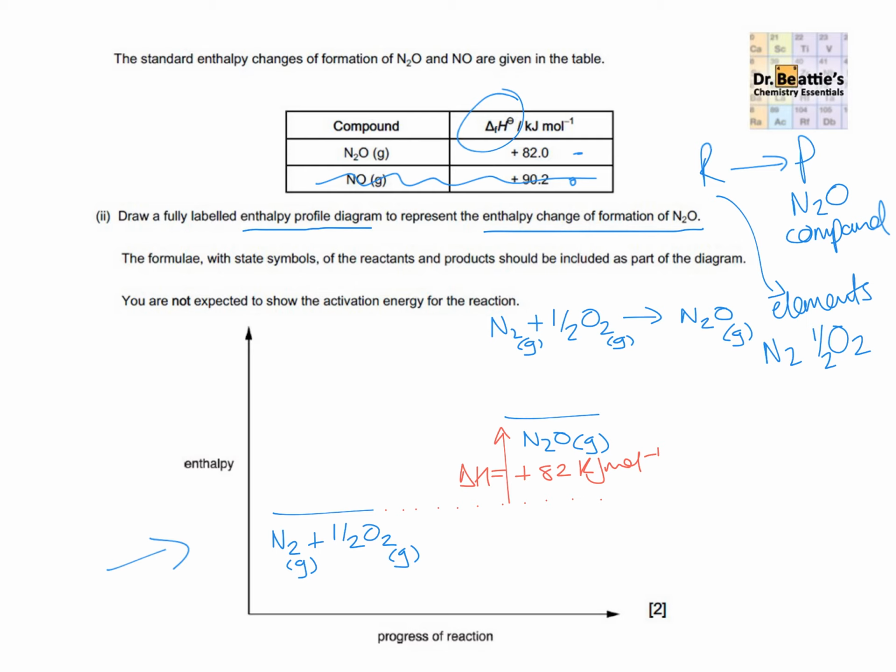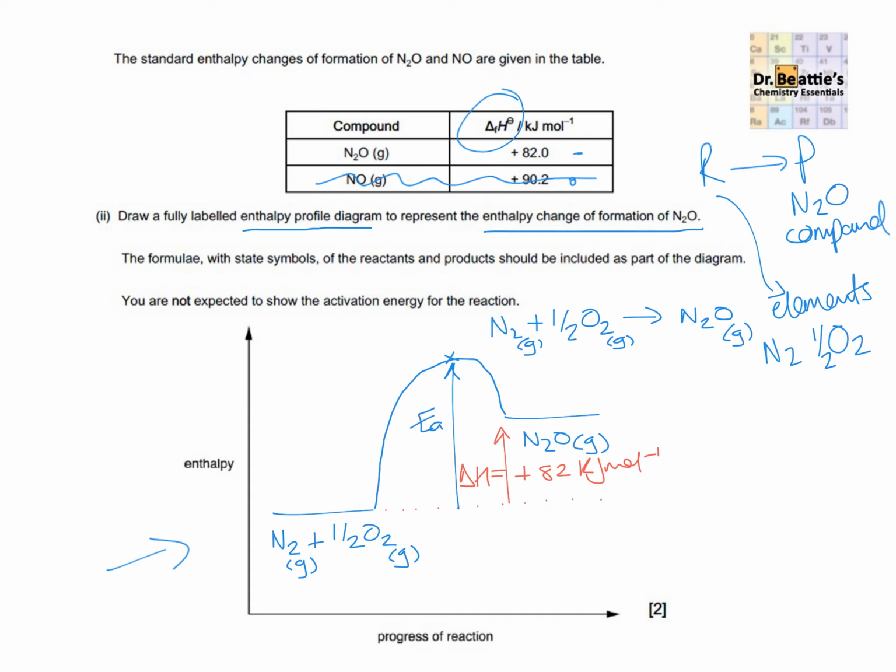Whilst it does say that you are not expected to show the activation energy for the reaction, I don't think it's too difficult to show that we're going to have an upward trend like so, going to the N2O. And then our activation energy, if this was the case, would be the highest point on this peak here and would look like so.